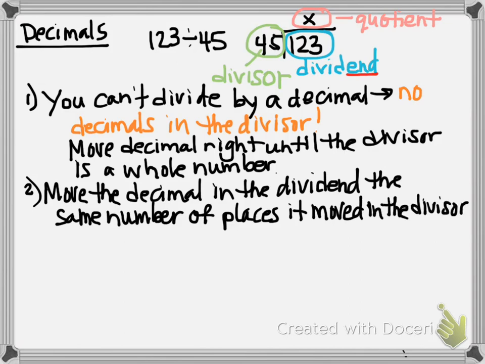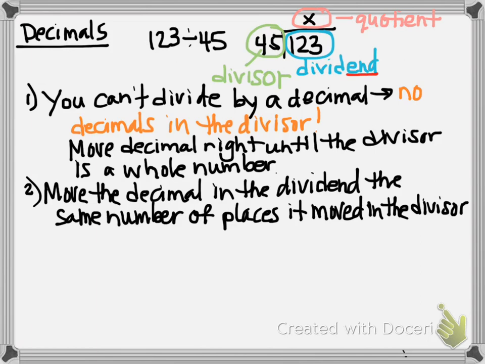So think about it this way. If I had one digit after the decimal point in the divisor, if I multiply that guy by 10, now I would have no digits after the decimal. But if I multiply the divisor by 10, I'm going to have to multiply the dividend by 10, which simply moves the decimal point to the right one spot.